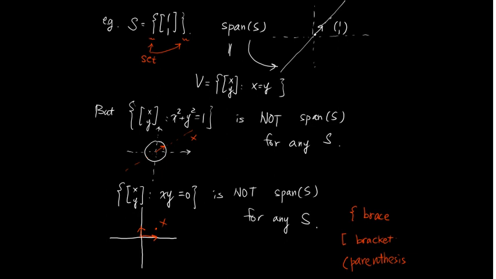And the reason we are talking about this is the span S is very common in linear algebra. If you think of a lot of cases, for example, if you have a set of linear equations, okay, in high school, you have x, y, z. You have a set of linear equations. And what is the solution set? The solution is either a point, a straight line, or a plane, right?